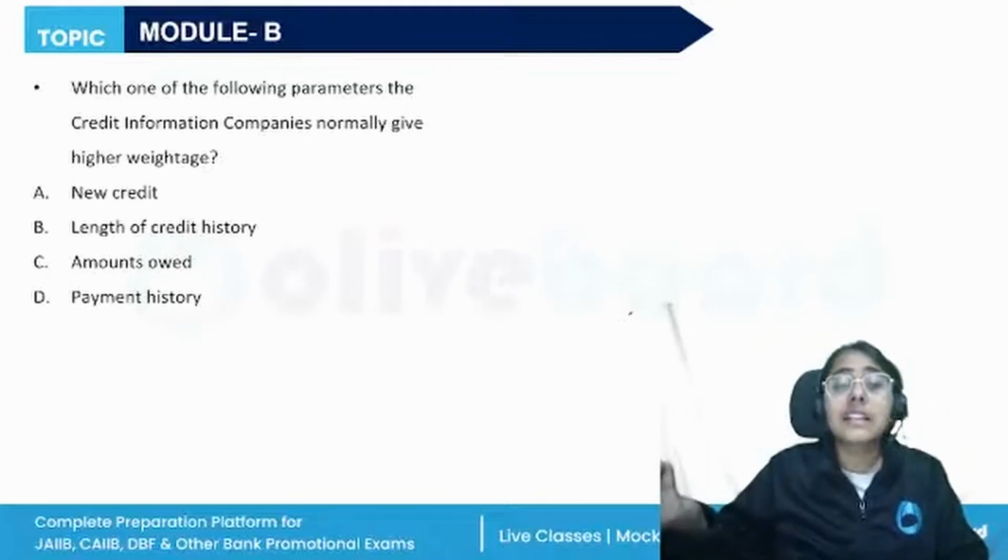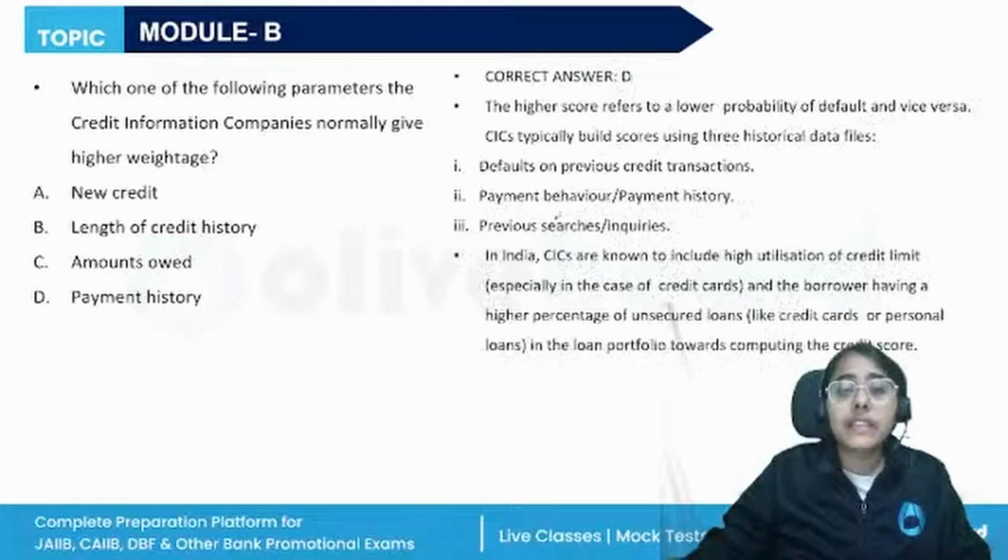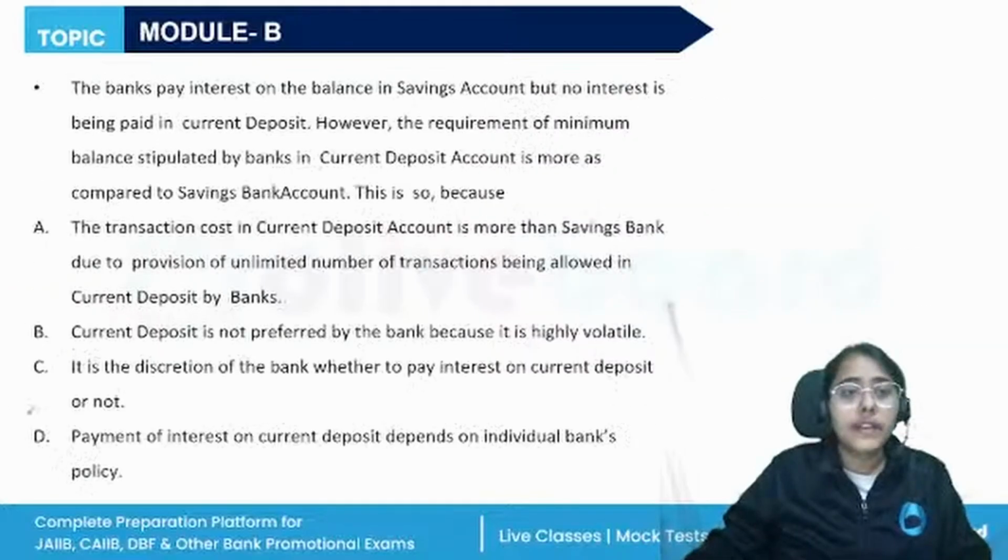Is the customer craving for credit, applying for too many loans or credit cards? Is the customer making frequent and unnecessary shopping for credit? Are there several new accounts or recent requests for loans? The length of credit history is also important. Older accounts are generally better. So out of these, companies normally give higher weightage to the payment history of the individual. Payment history. All right.